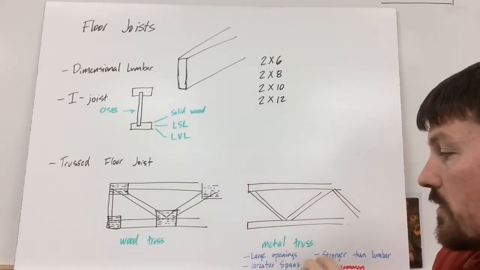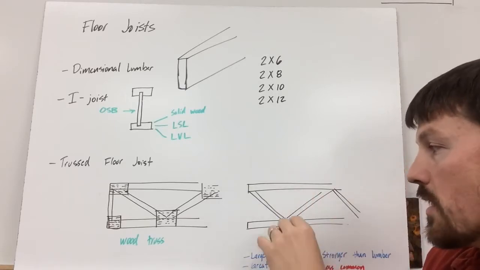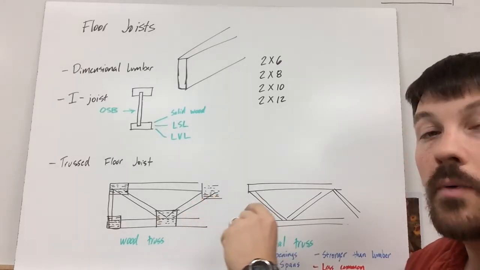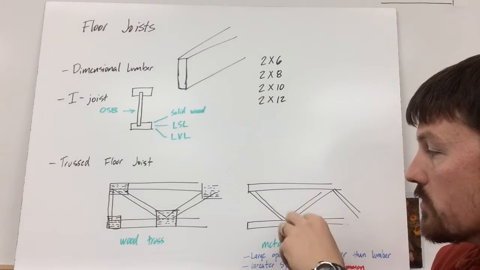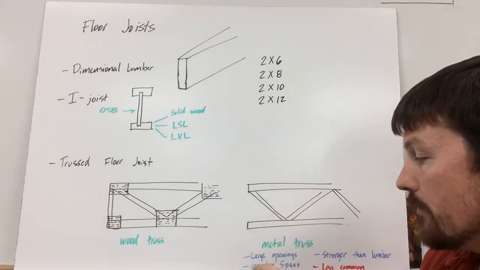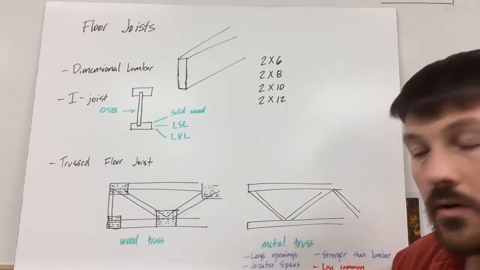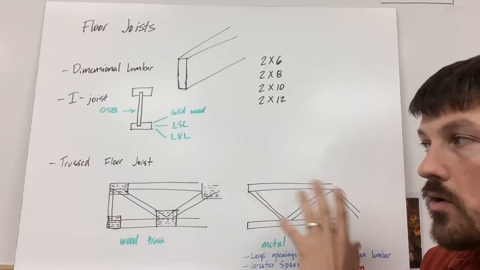So the advantage of a metal truss is it's going to have larger openings because it's smaller pieces of metal versus a big 2x4 running crisscross through here. Smaller pieces of metal, so it creates larger openings. It can do even greater spans, and it's stronger than lumber. It is less common. It's probably the least common out of all these things.